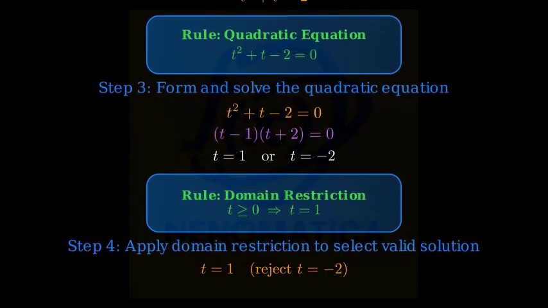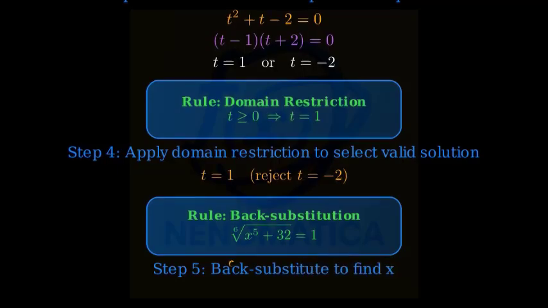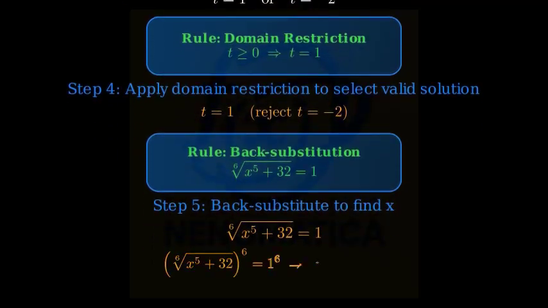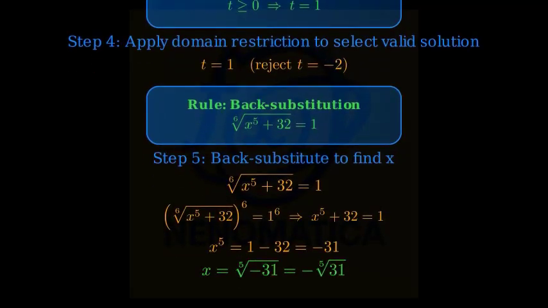Therefore, only t equals 1 is acceptable. Step 5. Back substitute t equals 1. The sixth root of x to the fifth plus 32 equals 1. Raise both sides to the sixth power to get x to the fifth plus 32 equals 1. So x to the fifth equals negative 31, and x equals the fifth root of negative 31, which is negative the fifth root of 31.